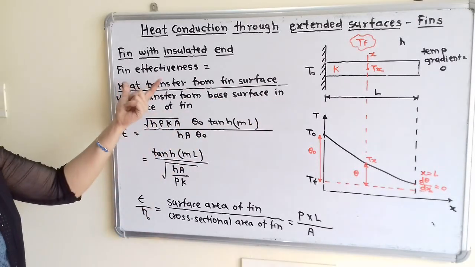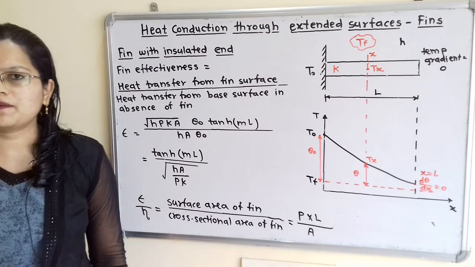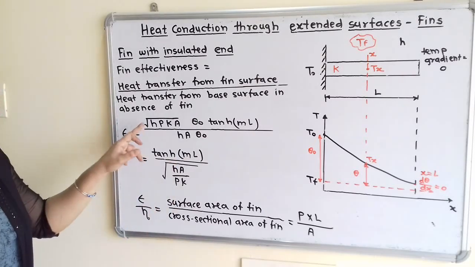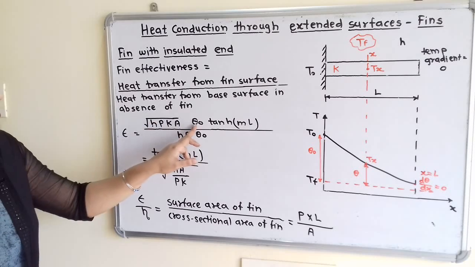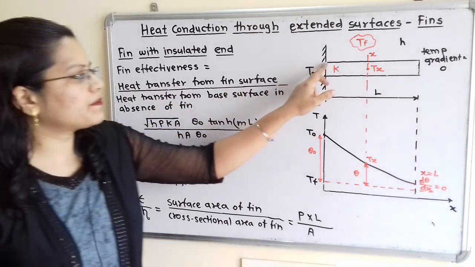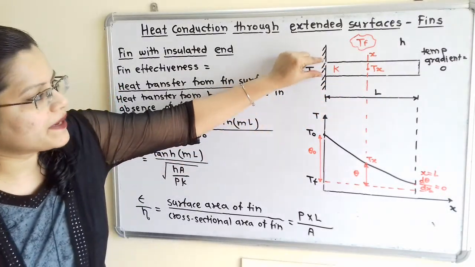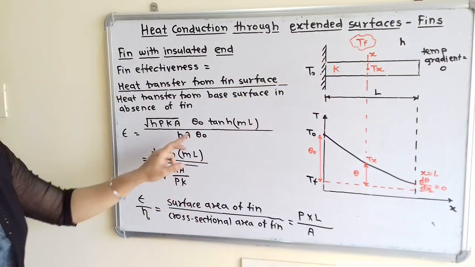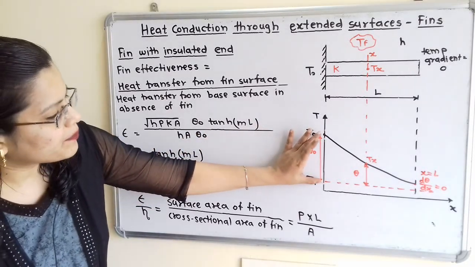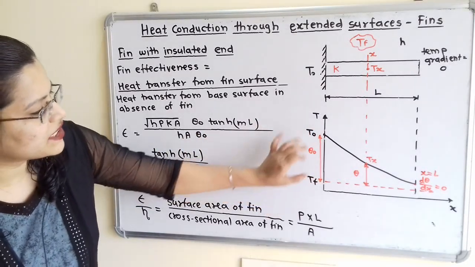We know the formula for heat transfer from the fin surface, which we have already discussed: Q is equal to under root of hPkA theta O tanh(mL). Now what is the heat transfer from the base surface? That depends on the area of the base and theta O. What is theta O? That is the temperature difference T_O minus T_f at the base.